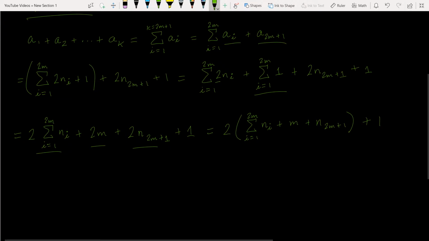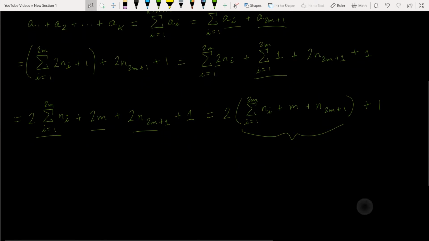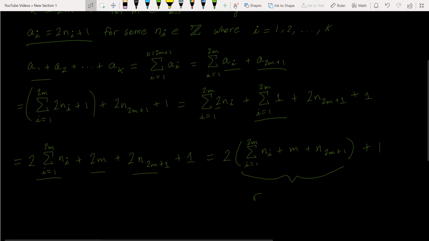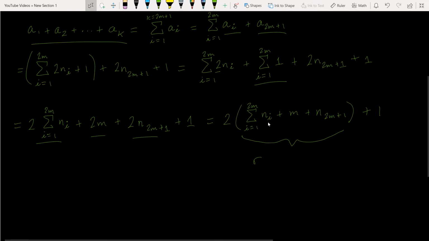So this is really good, because if we can show that this is an integer, which we can call r, then we have 2 times an integer plus 1, which is odd, which means that this entire sum can be expressed in this form. Now the good thing is all these values, this n sub I, this m, and this n, they're all integers.